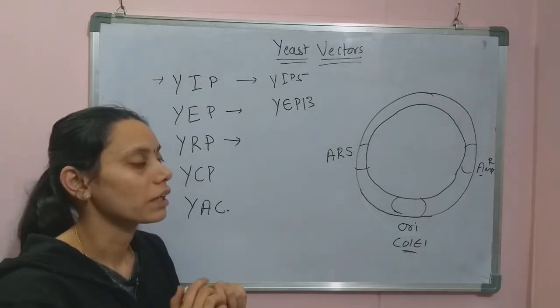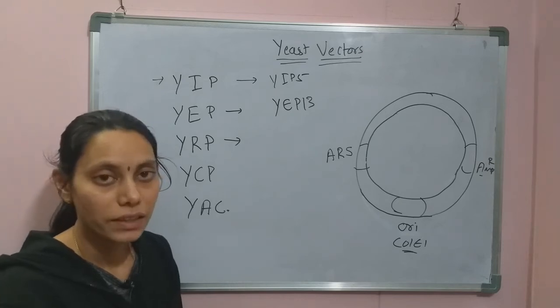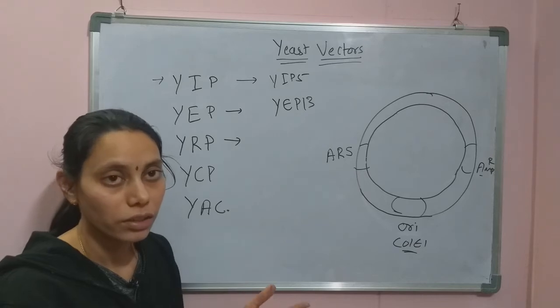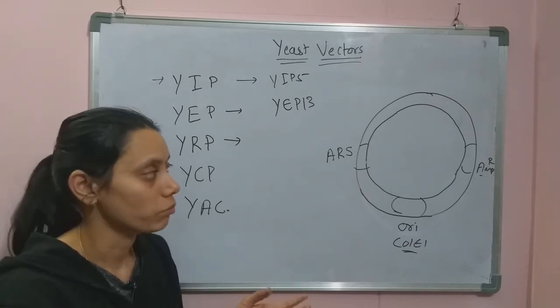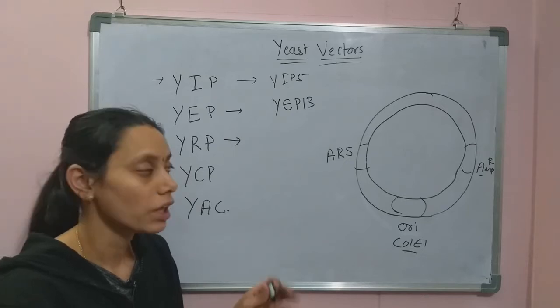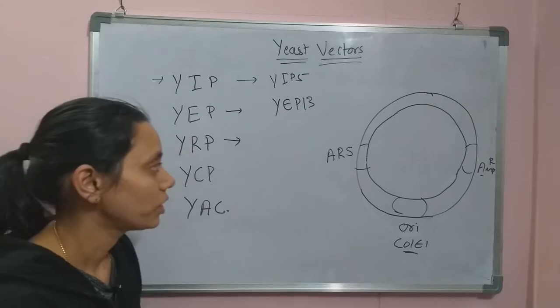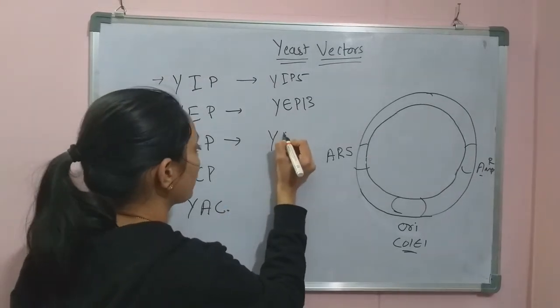So they can stably replicate inside the yeast cell, and they do not integrate inside the genomic DNA for their replication, because they have the ARS, or the self-replicating ability.